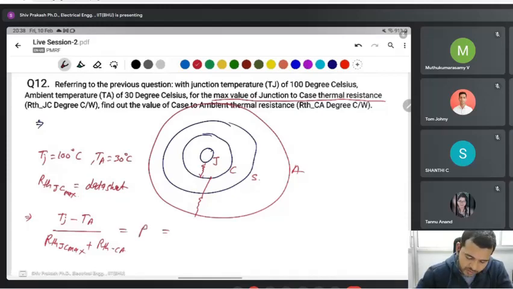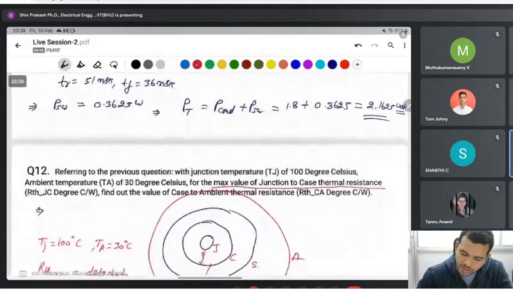Power we have already calculated in the previous question: 2.1625 watt.